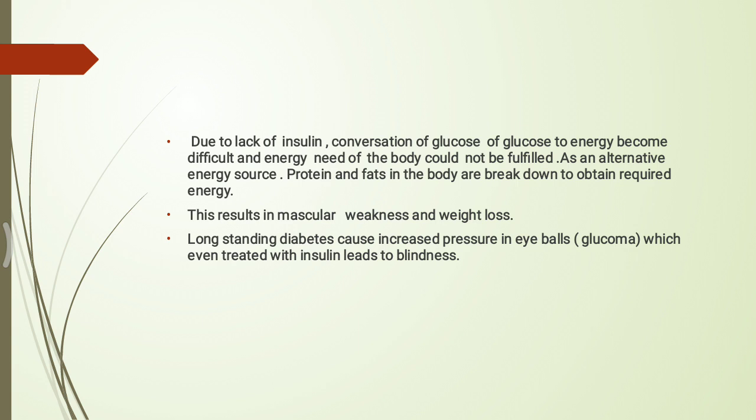When there is improper production of insulin, it directly affects glucose production. So as an alternative, protein and fats in the body are broken down to obtain the required energy.